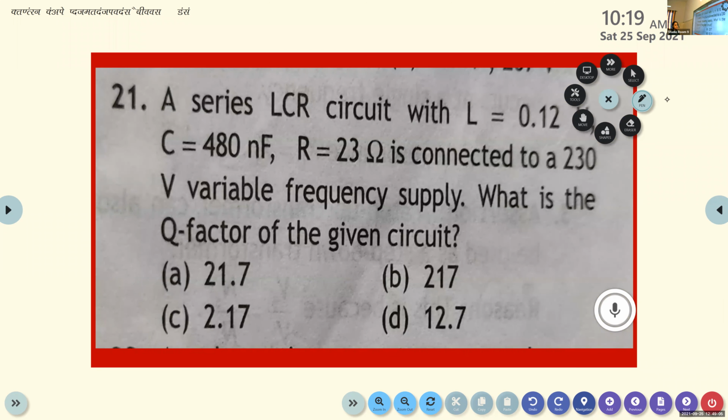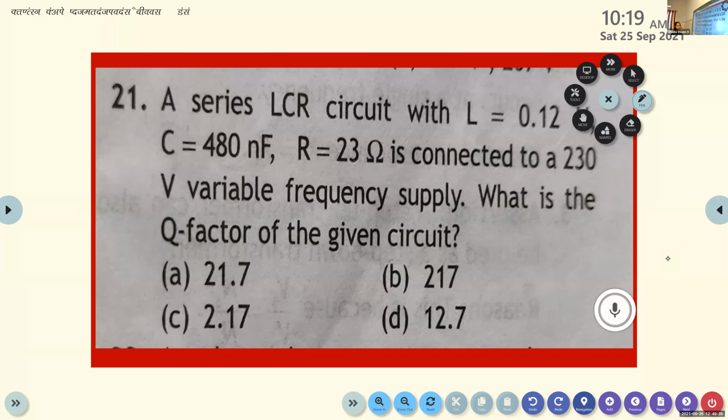A series LCR circuit with inductance L equal to 0.12 Henry, C equal to 480 nF, NF means nanofarad, R equal to 23 ohm is connected to a 230 volt variable frequency supply.